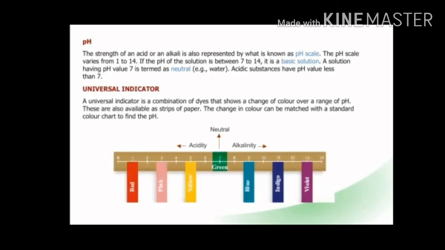Darker the color, stronger the base. And here also in the red color range, darker the color, the stronger the acid. So this can be understood by the use of universal indicator. Universal indicator gives the strength of the acid or base.